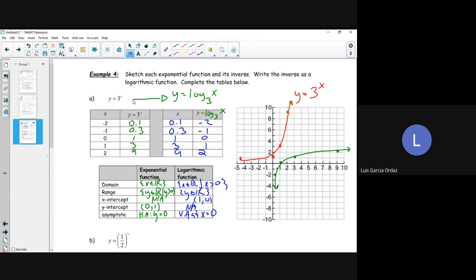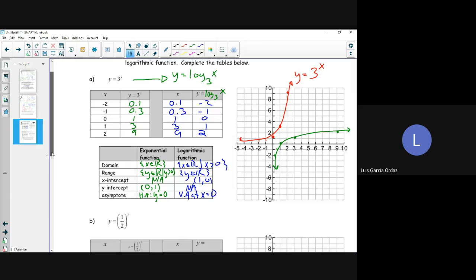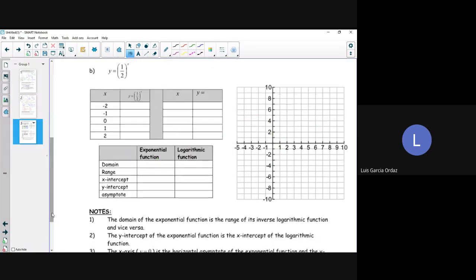And then the last example is going to be pretty much the same thing as we did already. So we're just going to go through it pretty quickly. The example we have is y is equal to (1/2) to the power of x, which means our inverse function is going to be y is equal to log of x to the base of 1/2.